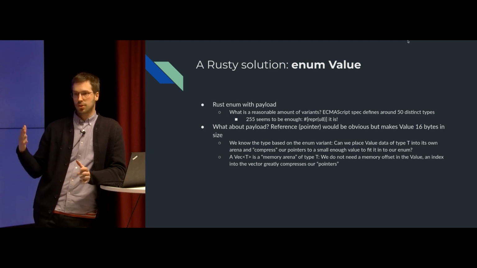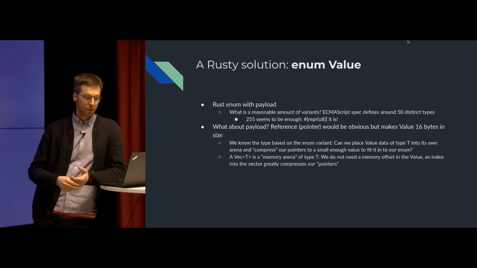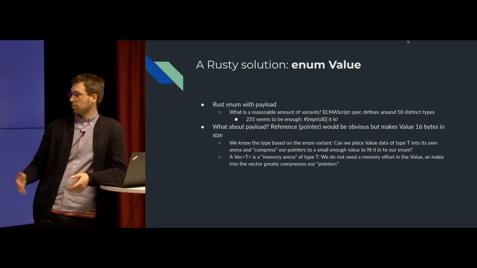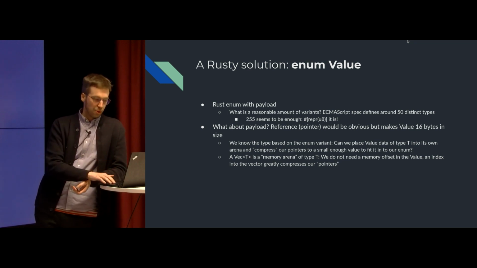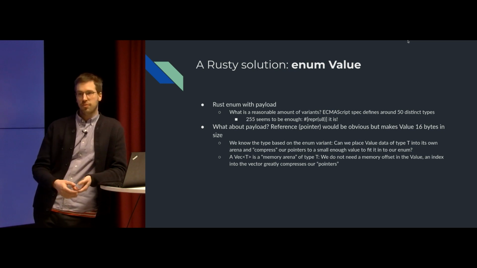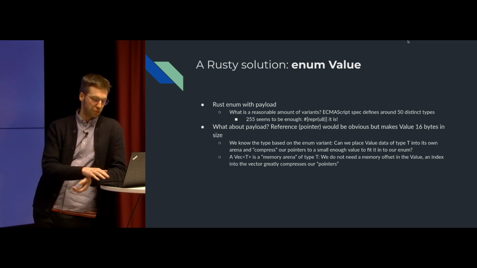So we don't need to store a memory offset. That compresses our pointer. That's nice, but it's also possible to just say nobody's ever going to need more than 2 million items of any type T. So we don't need a usize. We can use a u32.